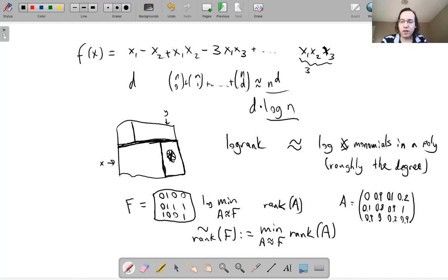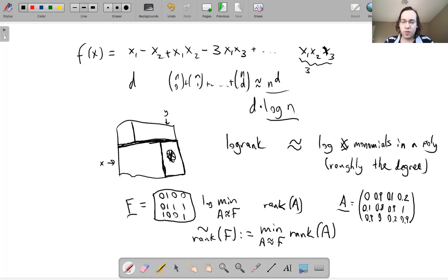So I have this matrix, and at every entry, it's within 0.2 of the entry over here. And also all the entries are bounded between 0 and 1. So this matrix A is an approximation of the matrix F at every entry. And yet, by relaxing this, I might be able to get A to have lower rank than F.